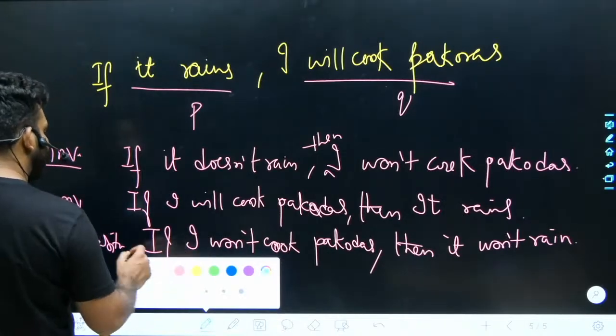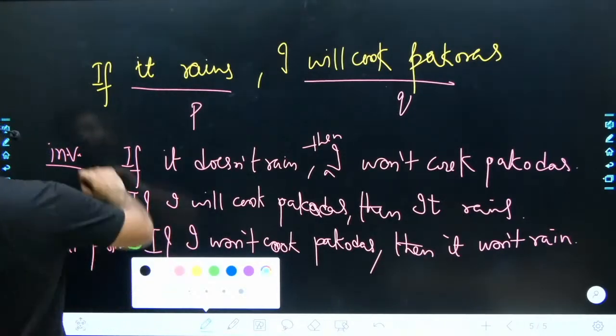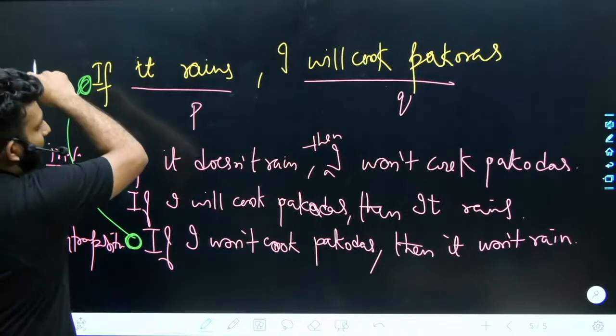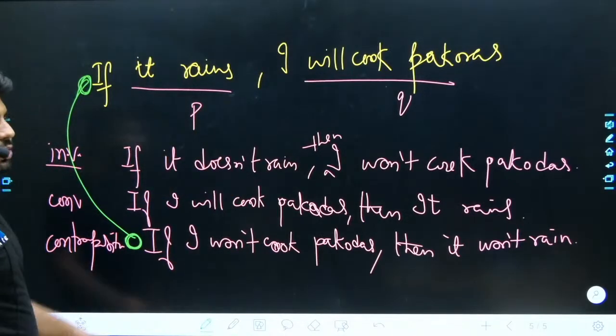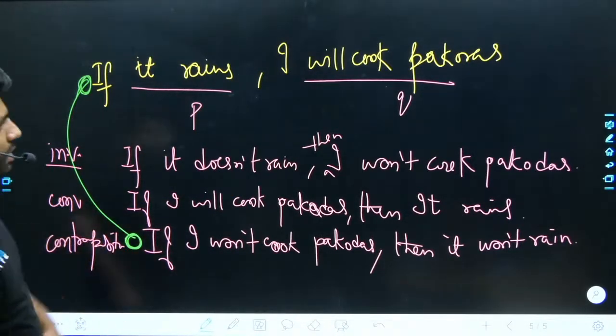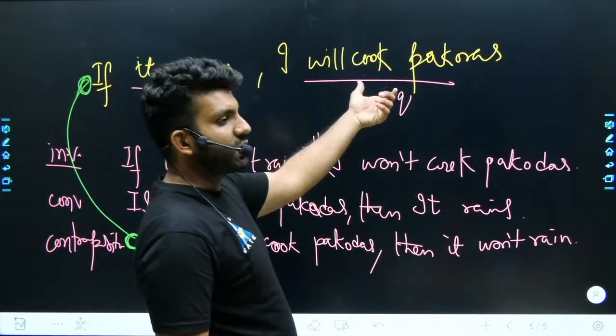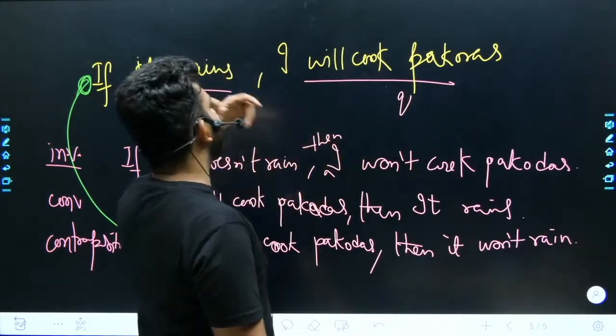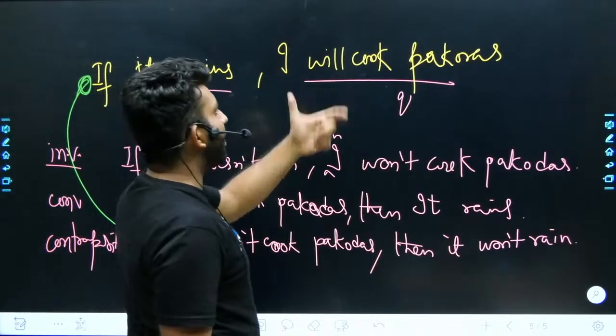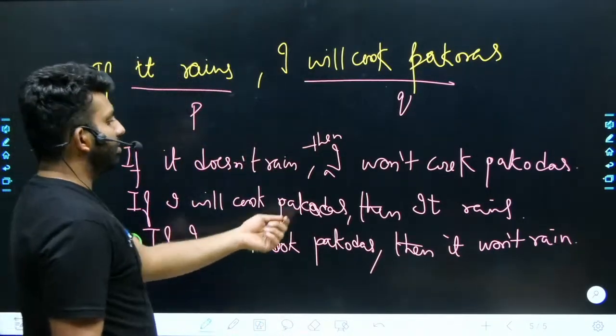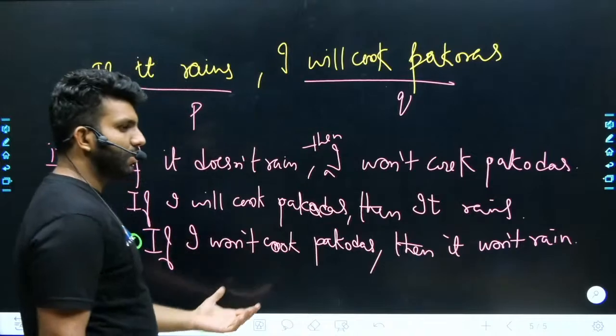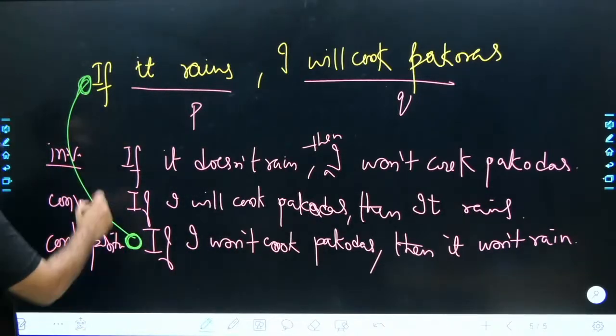This statement is equivalent to this statement because the implication is equivalent to its contrapositive. Contrapositive means not of Q implies not of P. So I have written, if I won't cook pakoras, then it won't rain. Simple. Okay, so contrapositive and the implication are the same.